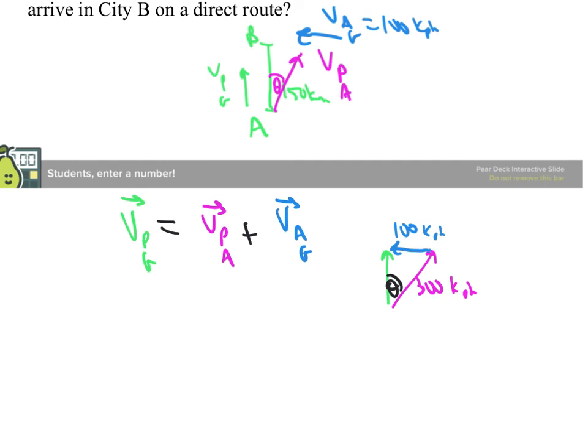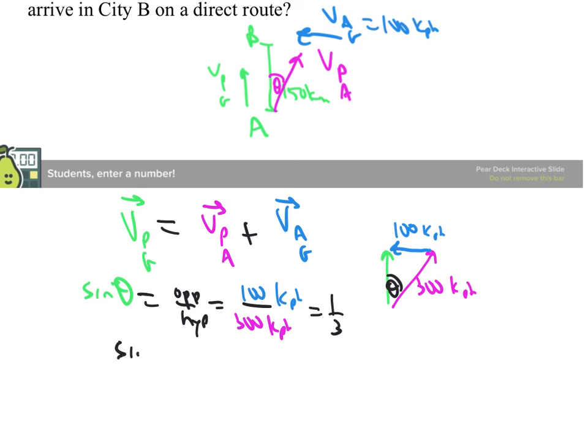So looking at this function, I might offhand say, well, the sine of the angle is always the opposite over the hypotenuse, which in our problem is 100 kph over 300 kph, or 1/3.